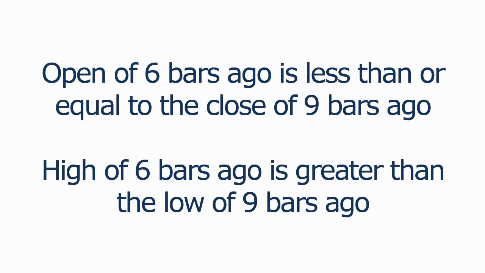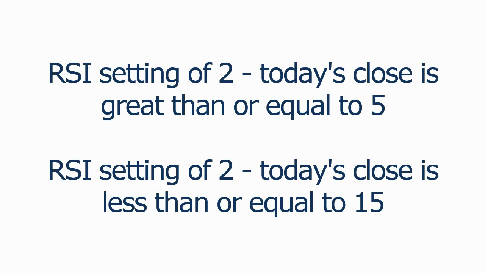So the open of 6 bars ago is less than or equal to the close of 9 bars ago. The high of 6 bars ago is greater than the low of 9 bars ago. We're using an RSI setting of 2. Today's close is greater than or equal to 5, and still using the RSI setting of 2, today's close is less than or equal to 15.